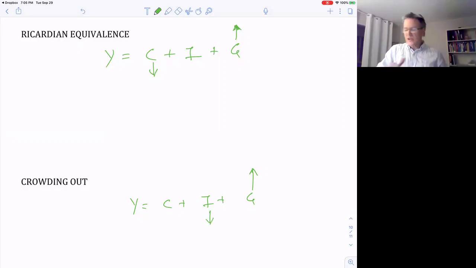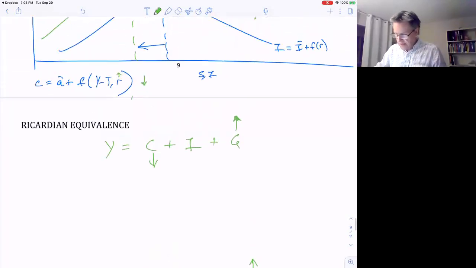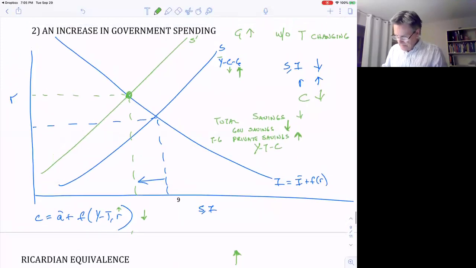So the government starts borrowing more money, raises interest rates, and then there's less left over for private borrowing. So it's like we got a certain amount of money available in savings, and if the government starts taking more, then there's less left over for investment spending.